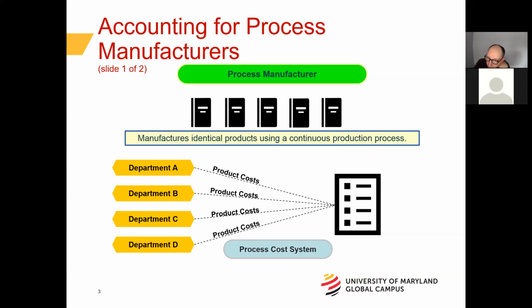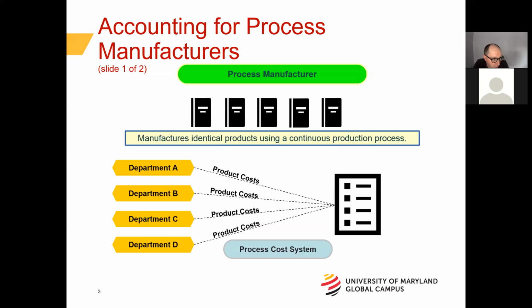They're mixing the raw ingredients, the raw materials. In the mixing department of an ice cream manufacturer, they are adding direct materials from the raw materials inventory, but they're also adding direct labor and a little bit of factory overhead. Then when the mixing department, Department A, is done mixing the ice cream, they send it off to Department B. Down the assembly line it goes.